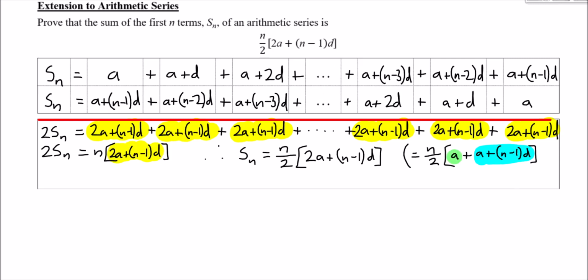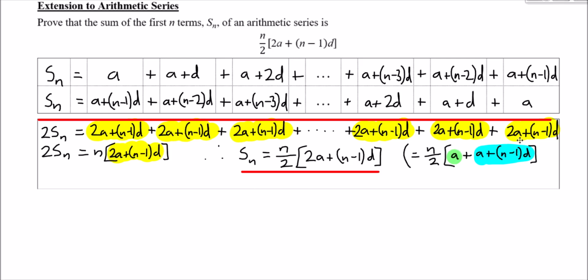And so although this here is the main result we want, another useful thing we can think about is it's actually half n multiplied by the first plus the last term.